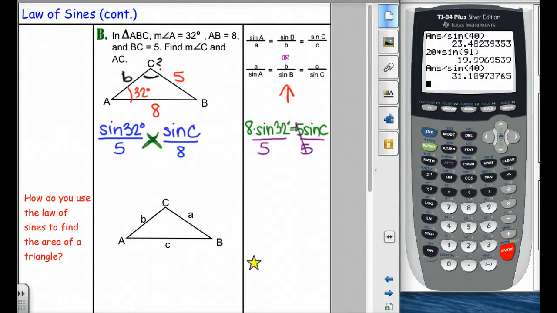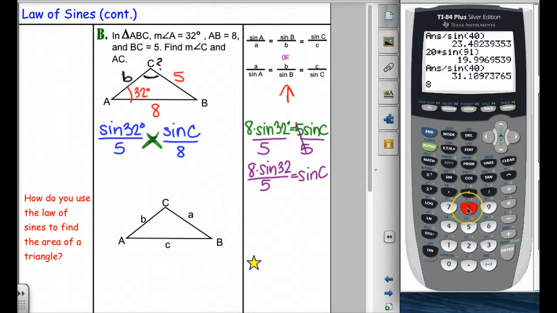So then that will tell me that if I have 8 times the sine of 32 degrees and I divide that by 5, I will get the sine of C. Now to undo that, we're going to get there in a second. So let's start first by finding out what 8 times the sine of 32 is divided by 5.